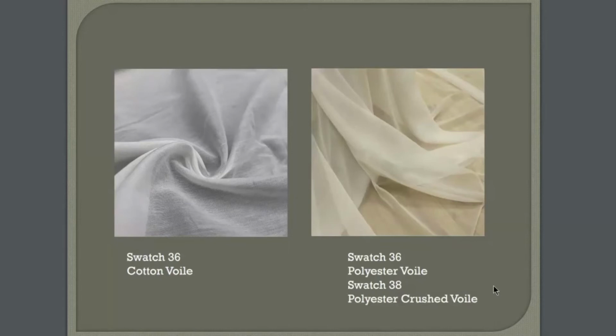So if you go to JCPenney's and you have some shears made for your home, it's typically this type of voile, right? So there's no texture to it. It's very straightforward. So just feel the hand. You can feel the synthetic quality over the cotton.